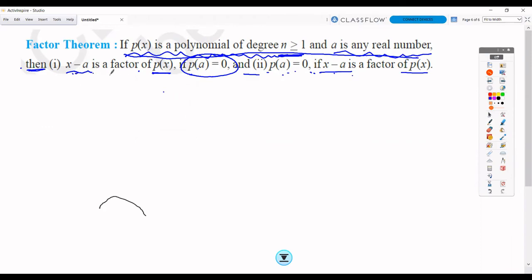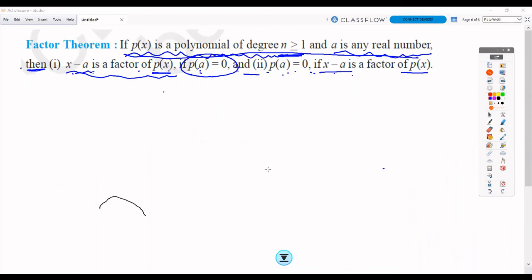From here the factor theorem says x minus a is a factor of this if p(a) is equal to 0, and another, p(a) is equal to 0 if x minus a is the factor, and there was another condition that the degree of the polynomial must be greater than or equal to 1. So that was the difference between the factor theorem and remainder theorem.